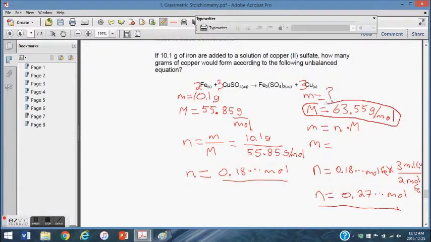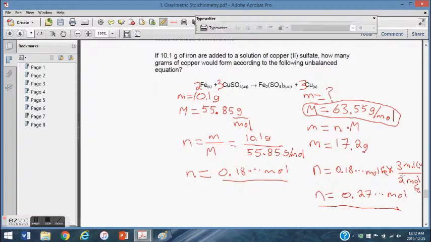This one is my n, this one is my M. I multiply them together, so the number in my calculator times 63.55, and I should form 17, and now I've got to figure out 3 significant digits, 17.2 grams. That's method number 1.